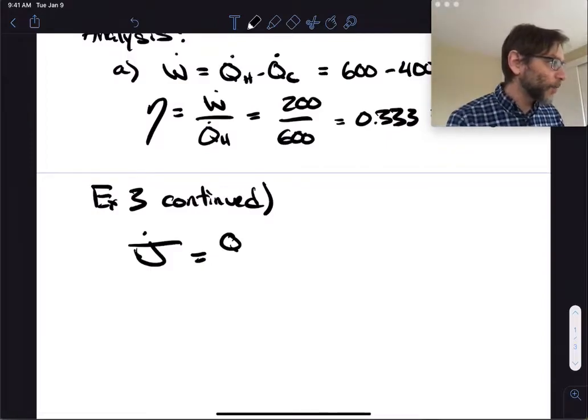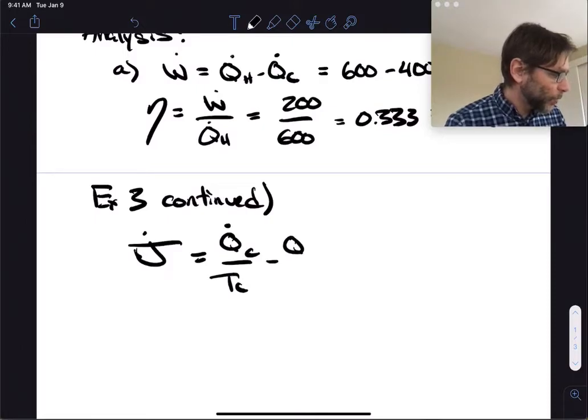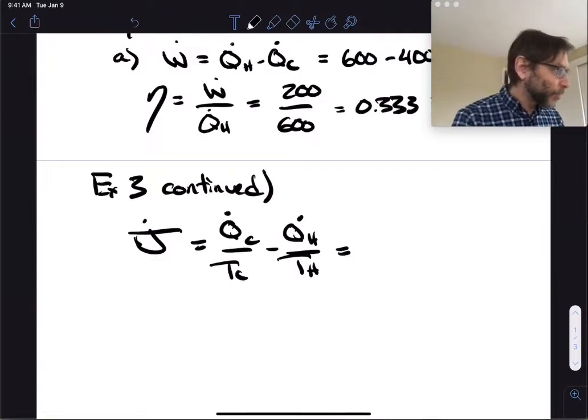But in this case, we have QC dot over TC minus QH over TH. And this is equal to, now we have the temperatures and we have the heats, so we can figure out whether the cycle is possible or not.